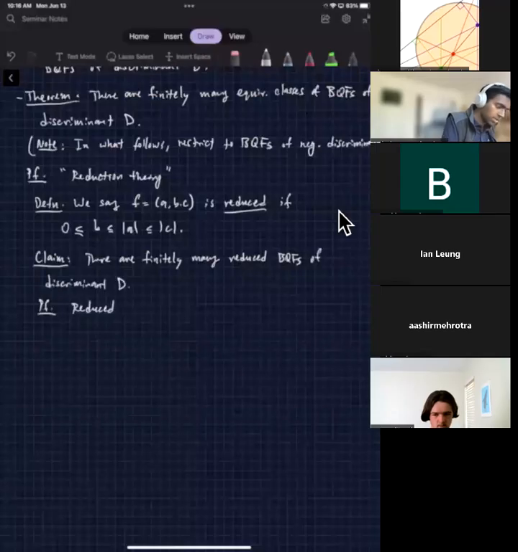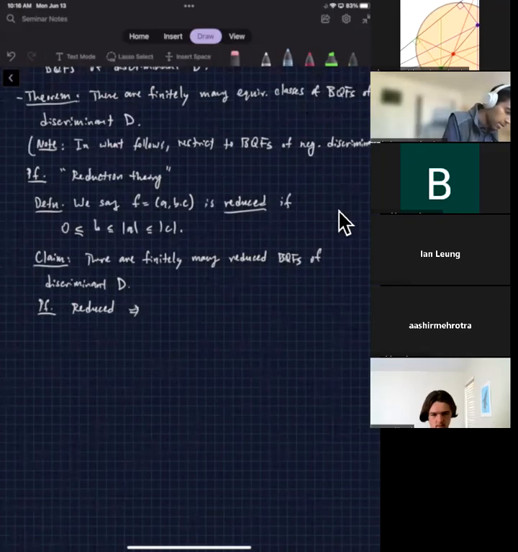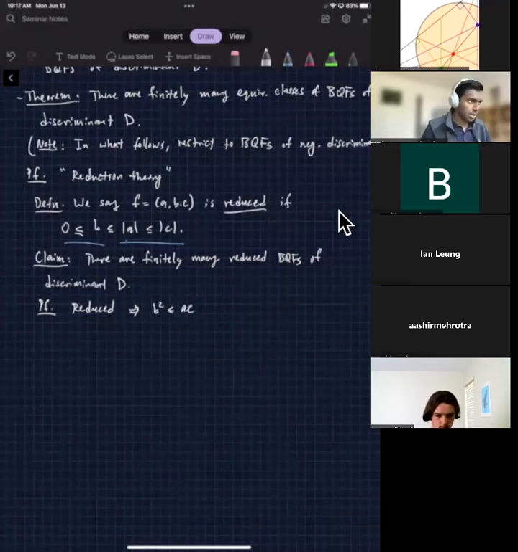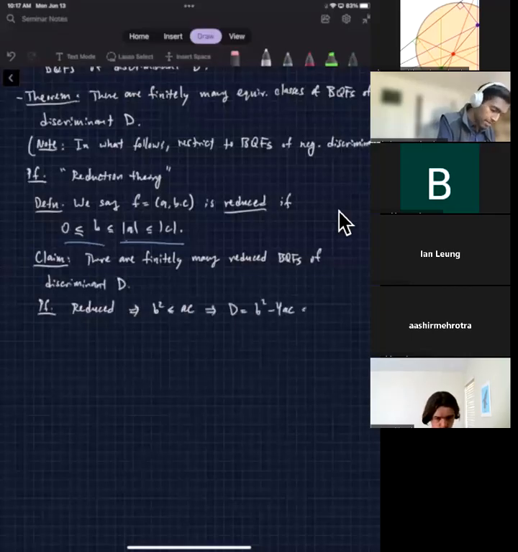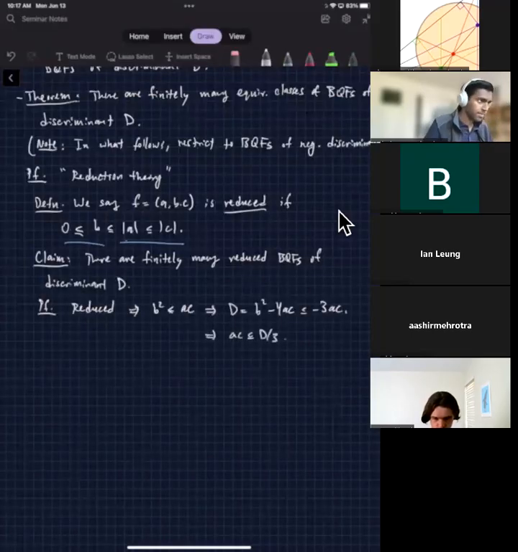So if it's reduced, then you can use these inequalities here to see that B squared has to be less than or equal to AC, which implies that D, the discriminant B squared minus 4AC, is less than or equal to minus 3AC. Then that implies that AC is less than or equal to D over 3.